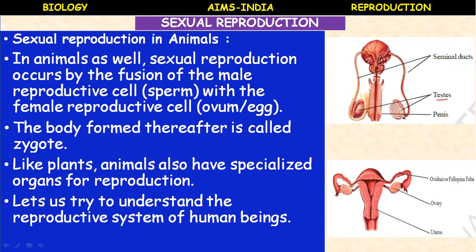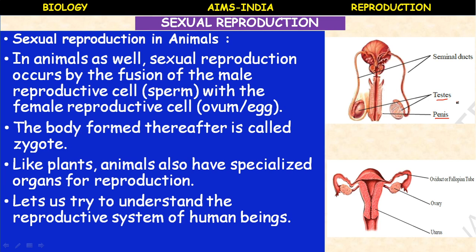Singular we call it testis, but plural we call it testes. And two sperm ducts are present, called seminal ducts, and a copulatory organ, that is the penis, is present.